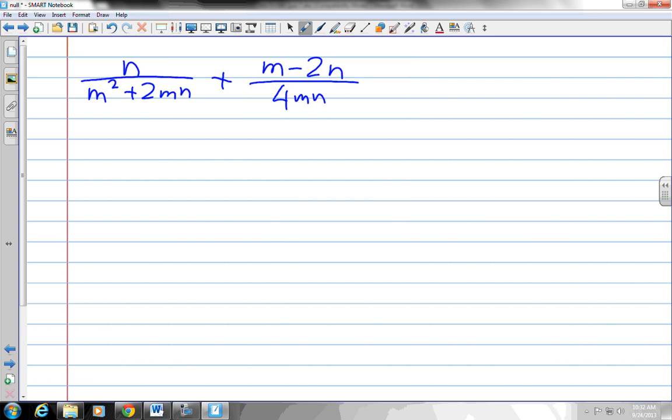So is there anything I can factor in that first denominator? Yeah, I can pull out an m. So we have n over m times m plus 2n plus m minus 2n over 4mn.